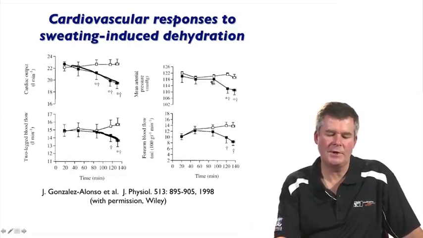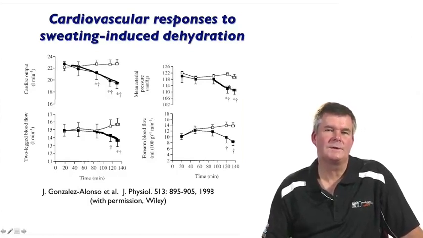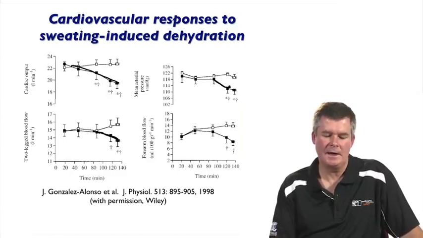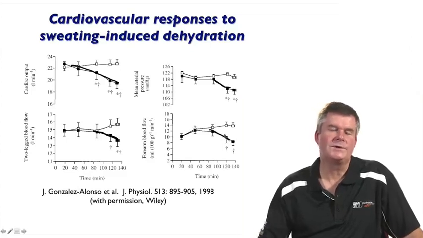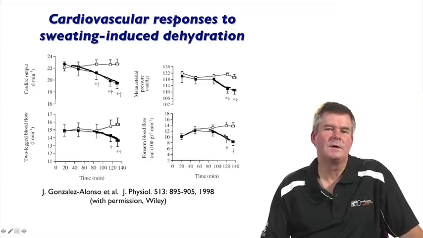The mean arterial pressure, you can see, drops slightly towards the latter stages of this type of exercise, and the forearm blood flow, which is often used as a proxy for the cutaneous blood flow, will also drop off. And so the loss of fluid, although it's important for dissipating heat, has challenges to the cardiovascular system.